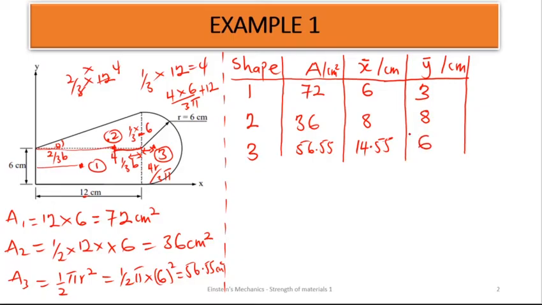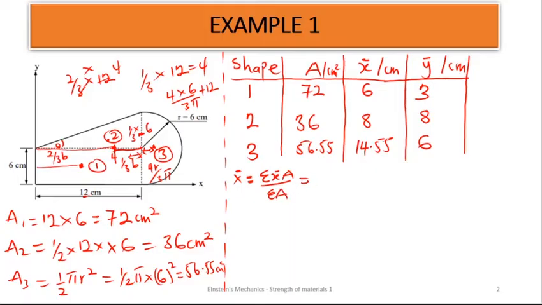So once you fill your table, now everything becomes easy. So to locate your x bar, that is going to be summation of the individual x bar multiplying the area on summation of the area.